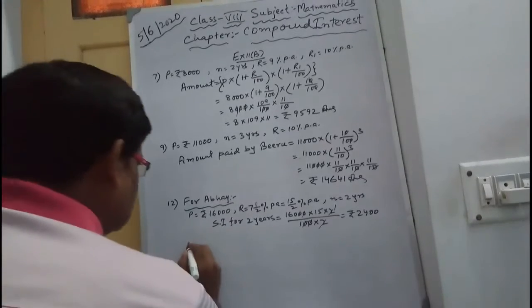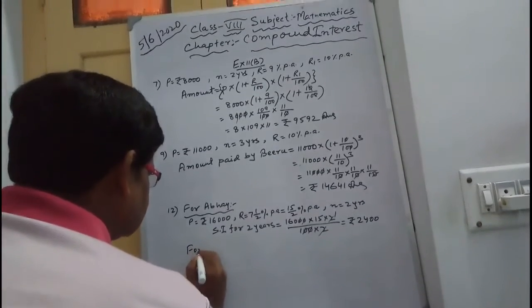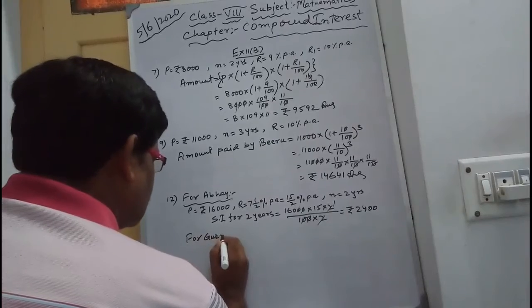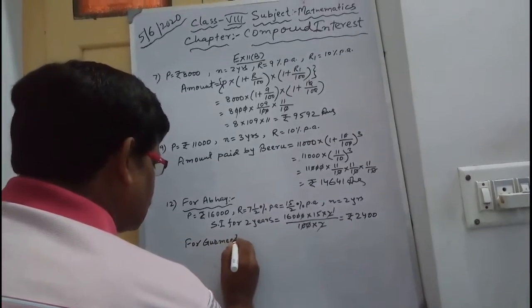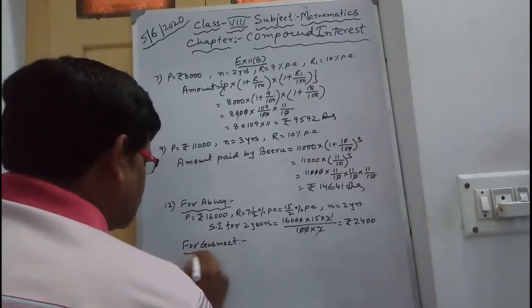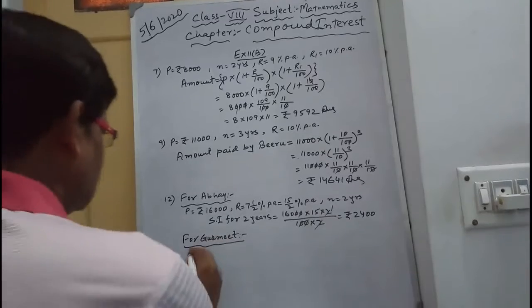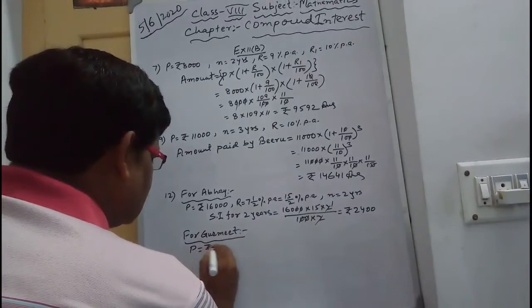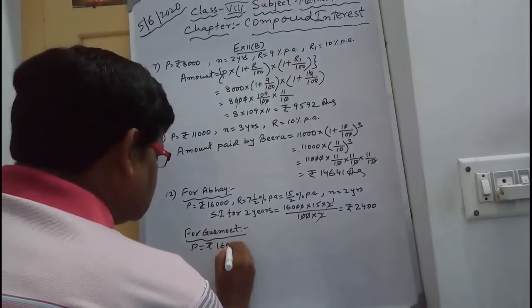Now for Gurmeet, P, that is the same principal, 16,000.